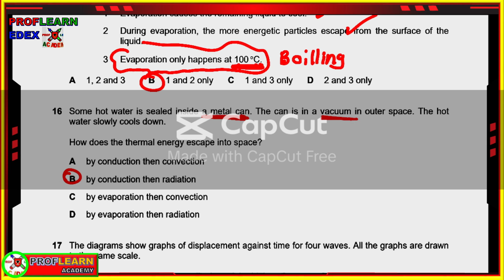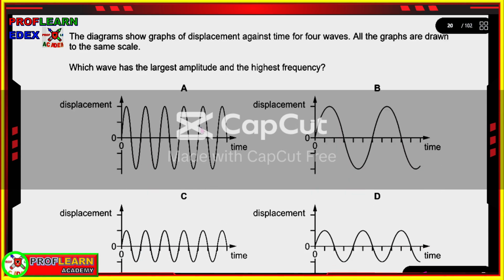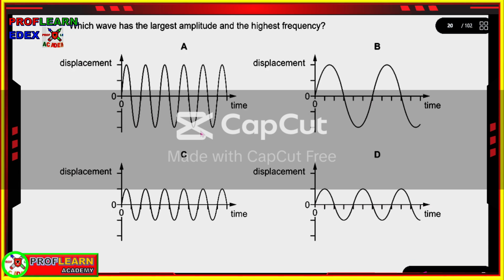Question 16b, correct. The diagram shows graphs of displacement against time for 4 waves. All the graphs are shown on the same scale. Which wave has the largest amplitude and highest frequency? So here, okay, this is small.